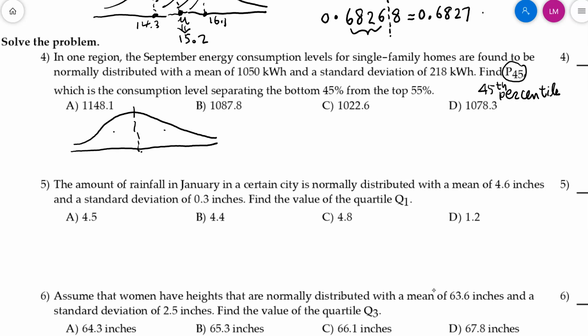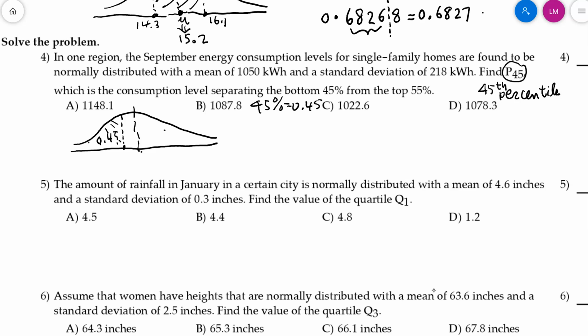So 45% is 0.45, less than 0.5. So it is about here, say. So this area is 0.45. Okay.